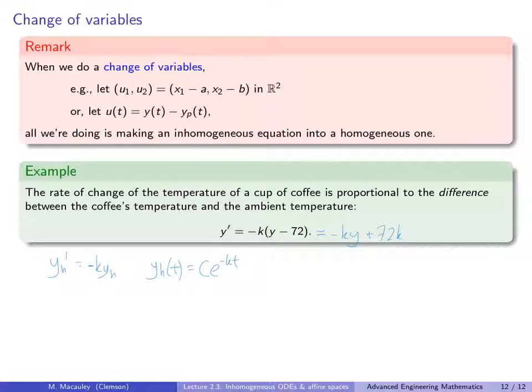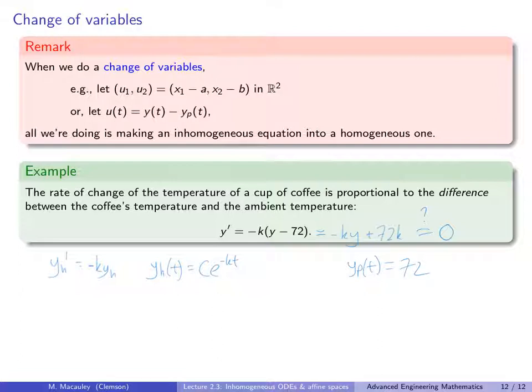Now, for a particular solution, you first ask, is there a constant solution? Well, if there is, then y' is equal to 0, so we set this expression equal to 0 and solve for y, and you clearly see that y_p(t) is 72.